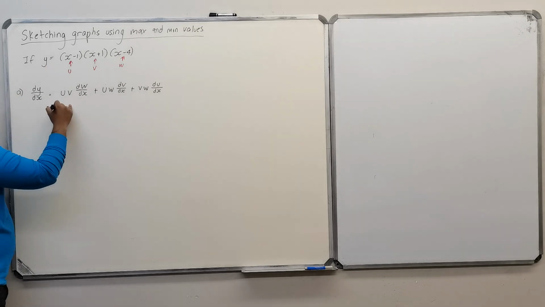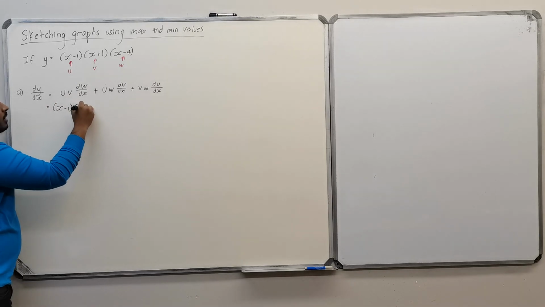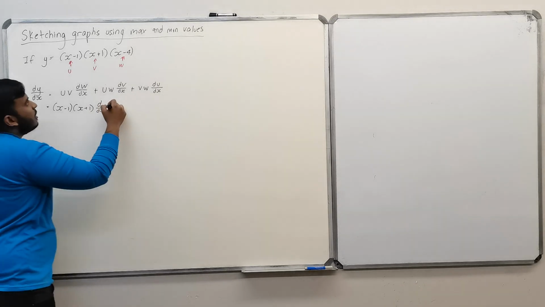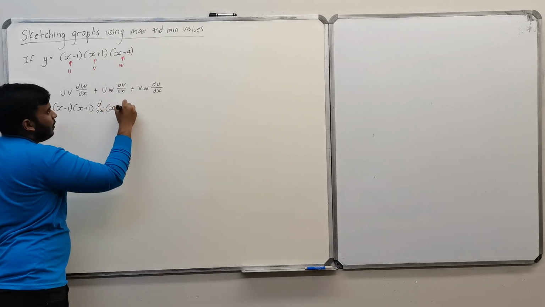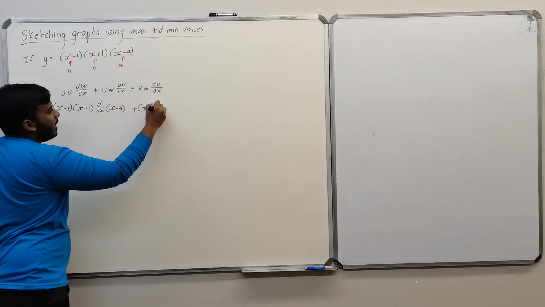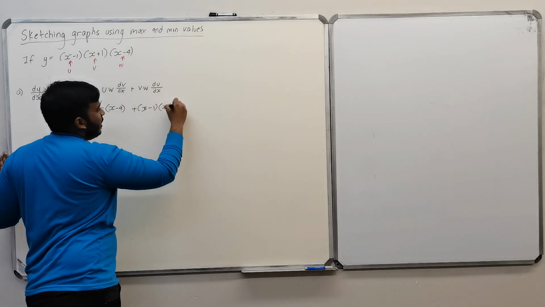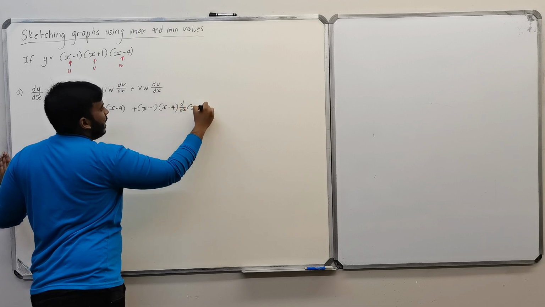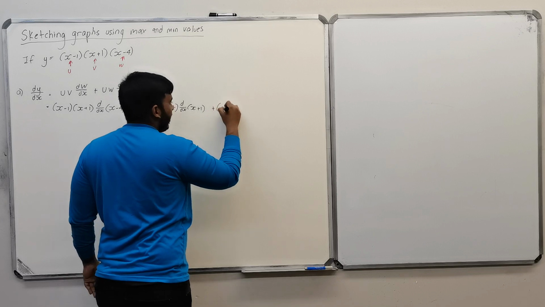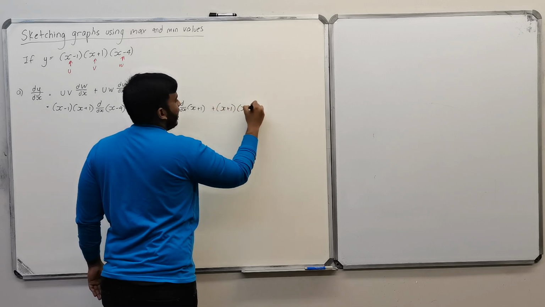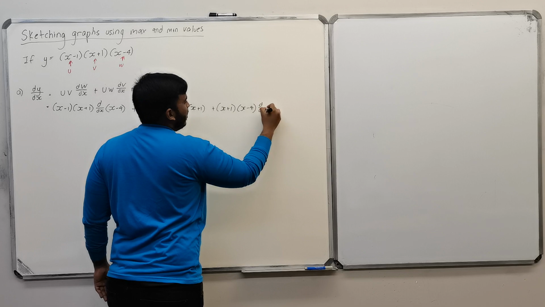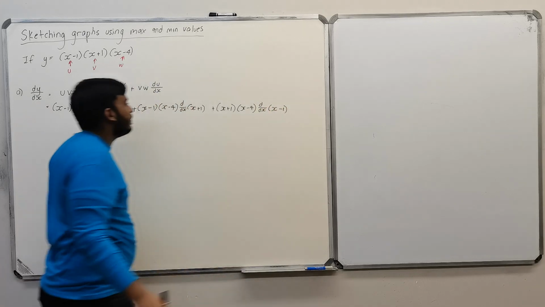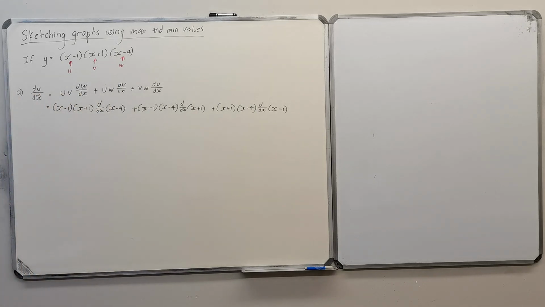This would be x minus 1, x plus 1, d over dx of x minus 4, plus x minus 1 times x minus 4, derivative of x plus 1, plus x plus 1 times x minus 4 times the derivative of x minus 1. Product rule for 3 factors, right?